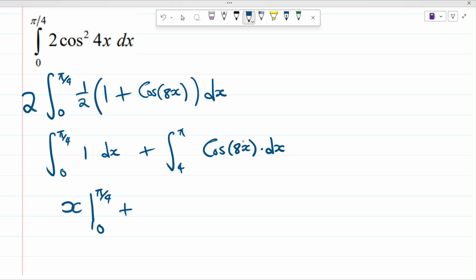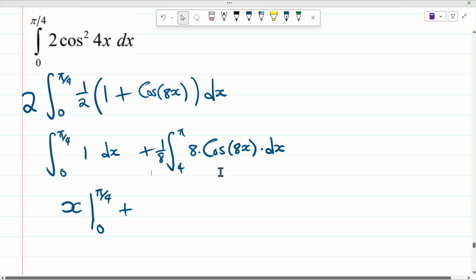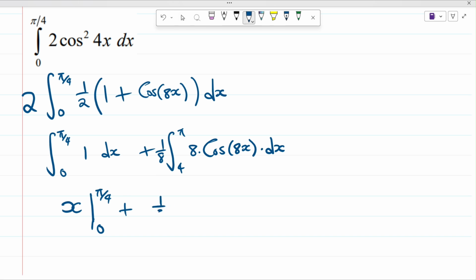Remember, before we integrate, we should make sure that we have the derivative of the argument, which is going to be 8 in this case, and then 1/8 here. Then we ask ourselves, what was differentiated to get positive cos? It is positive sine, right? So the 1/8 is going to go with it. It's going to be 1/8 sine of 8x, and then we'll put our limits there.